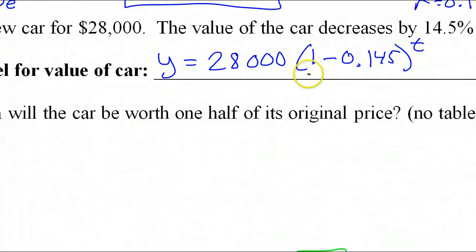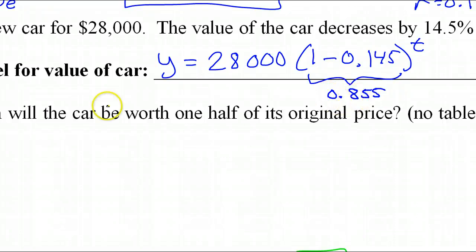Now, if you put this in your calculator, you get 0.855. Because that's a nice short decimal, it doesn't go on forever, we don't have to round it. It's okay to use this decimal. So that will be more convenient.